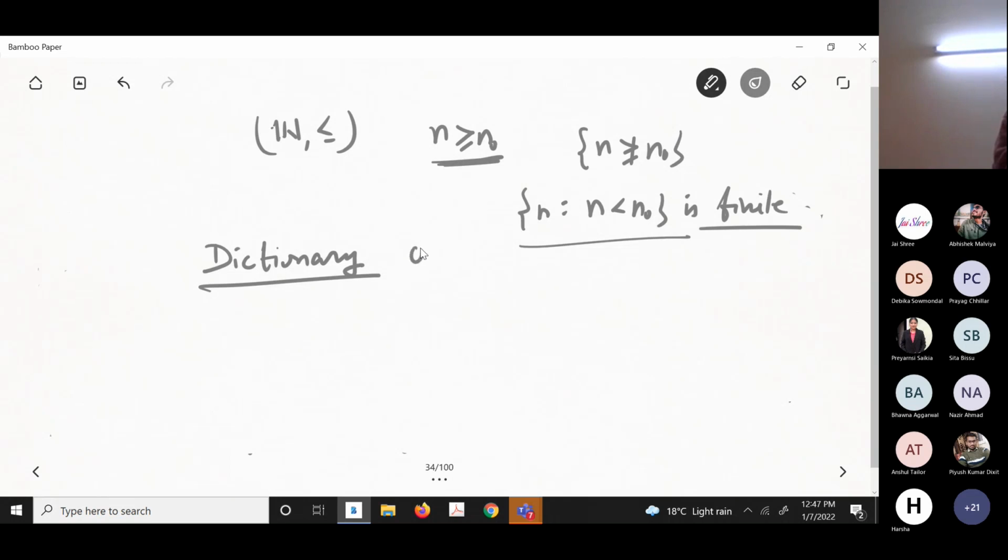Here I am calling it dictionary order or lexicographic order. I want to explain why in reality it is not true. Why is dictionary order also called lexicographic order? Because dictionary has another name, lexicon.